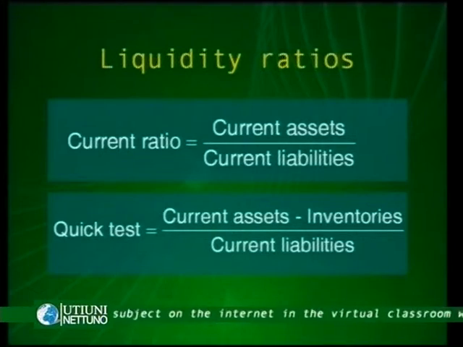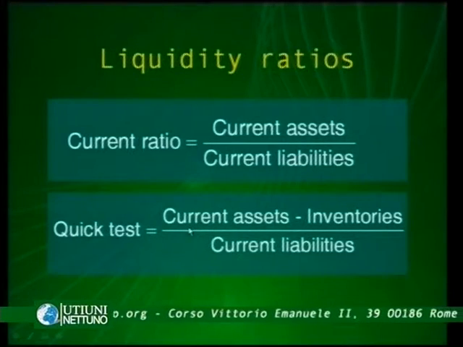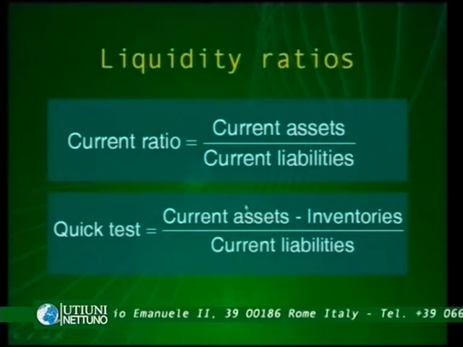The quick test is a similar ratio that has a similar meaning, and indeed is calculated in a similar way to the current ratio, with an important difference. The difference is that we subtract inventories from the current assets. In current assets we have mainly cash, receivables and inventories. This means that now in the upper part of this ratio we have only cash and receivables.